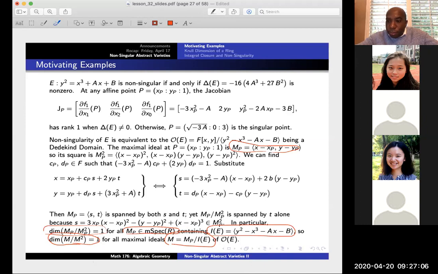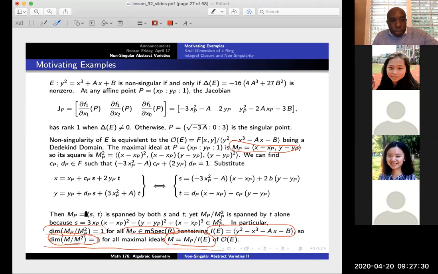Where did you use that the maximal ideal that we're dealing with here does contain the ideal where the curve vanishes? The only part I'm using that is here at the very bottom line, when we're trying to say what is the dimension of m mod m squared for all maximal ideals of the coordinate ring.